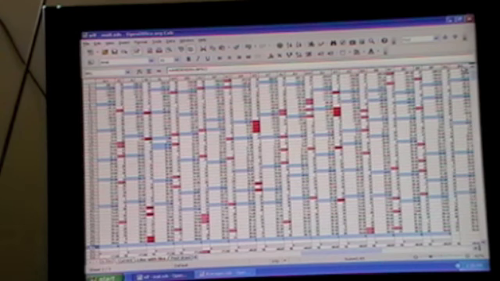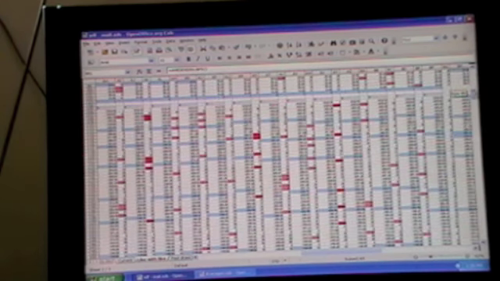Okay, and similarly for the next column, bang on there. Close there. Close there.